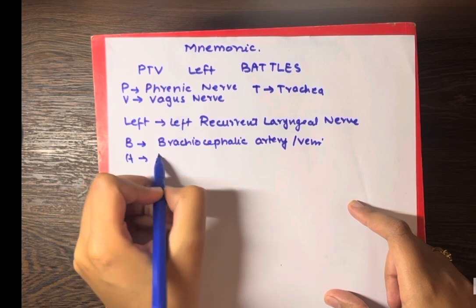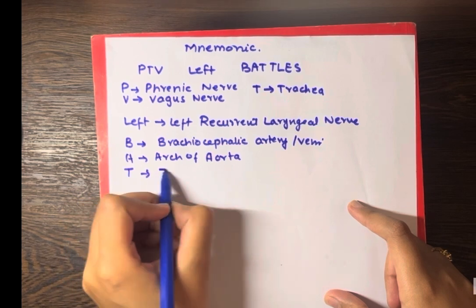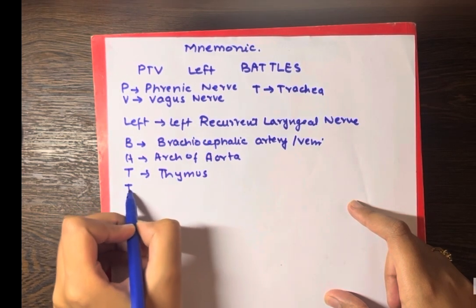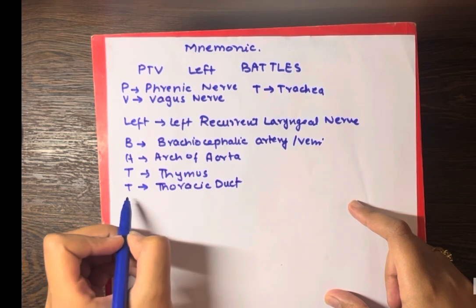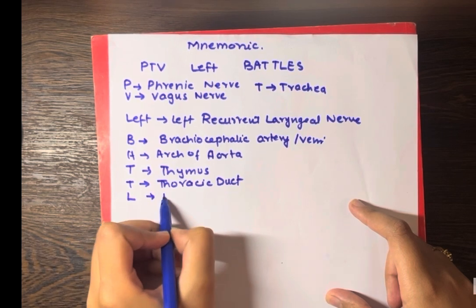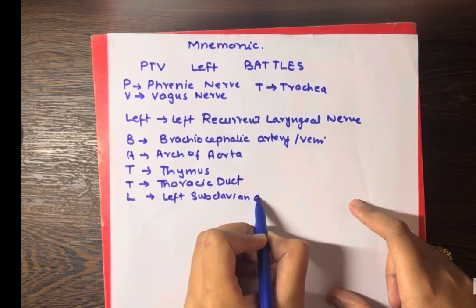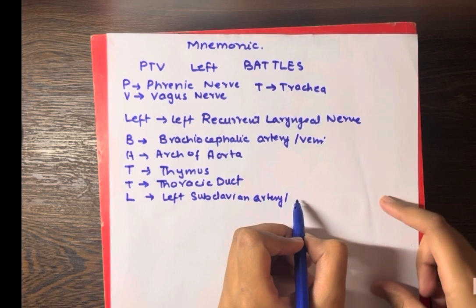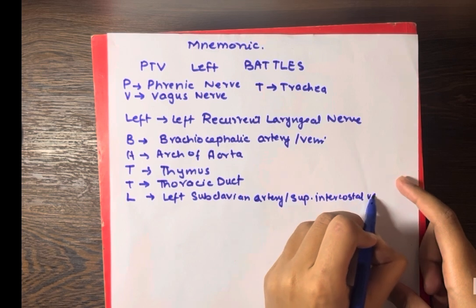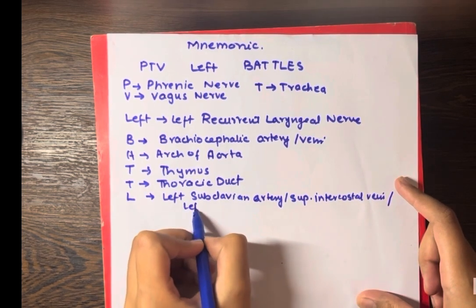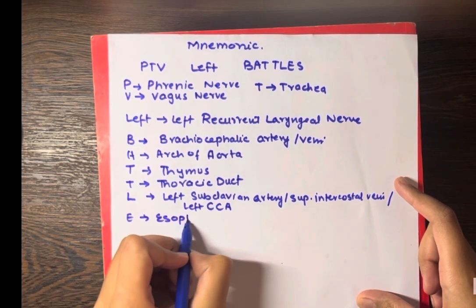A for arch of aorta, T for thymus, T for thoracic duct, and L for left subclavian artery, left superior intercostal vein, and left common carotid artery, and E for esophagus.